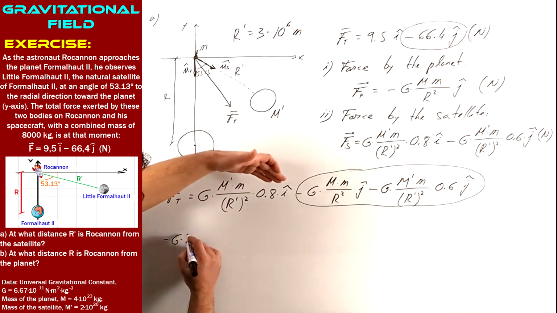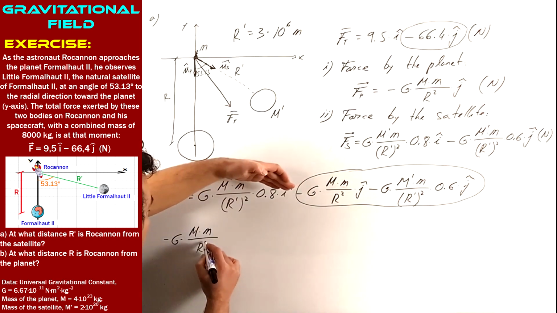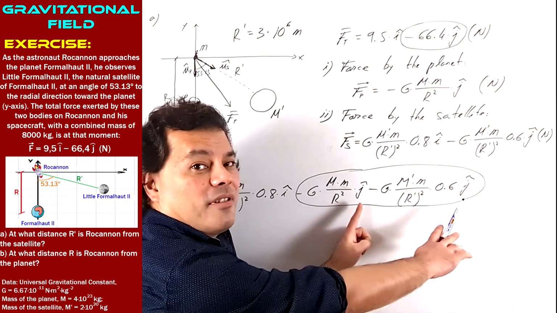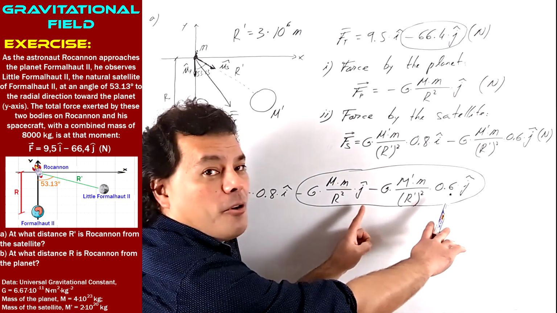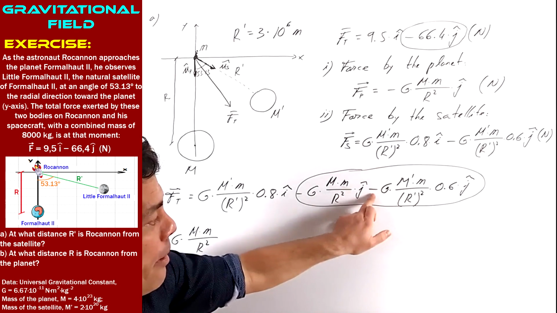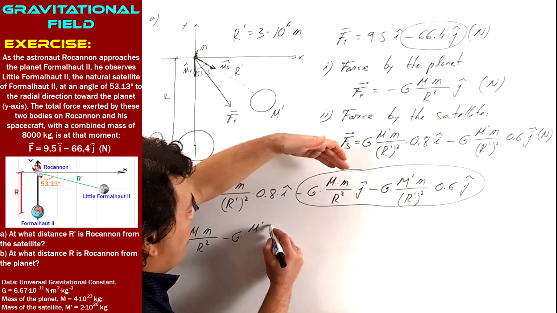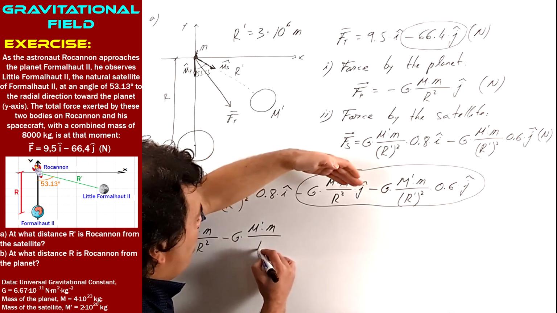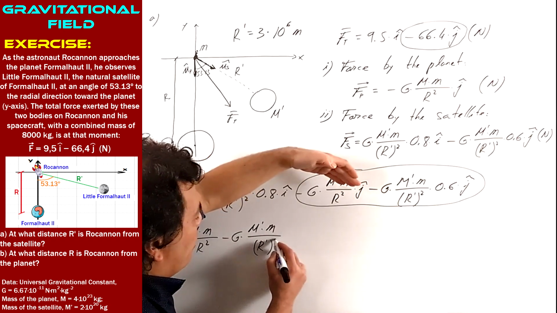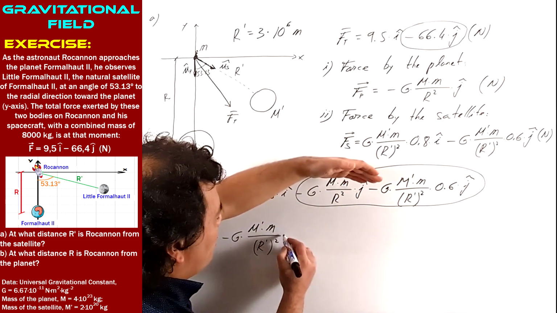Negative G M divided by r squared. We are not using the unit vector j anymore, as we are already working on the vertical component. Minus G M prime M divided by r prime squared. This must be multiplied by 0.6.